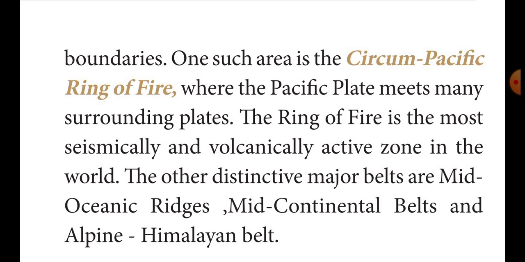For example, one such area is the circum-Pacific Ring of Fire, where the Pacific plate meets many surrounding plates. The Ring of Fire is the most seismically active, and it surrounds the Pacific Ocean.